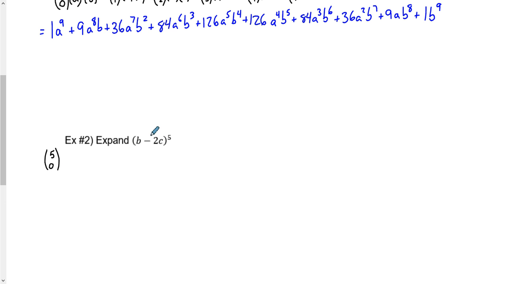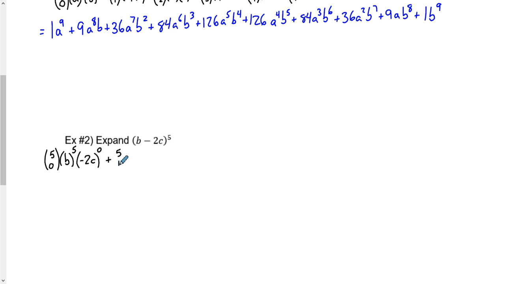This question is a little bit different because our first and second terms are different. Our first term is still okay, it's going to be b to the power of 5. But our second term is going to be this entire negative 2c to the power of 0.